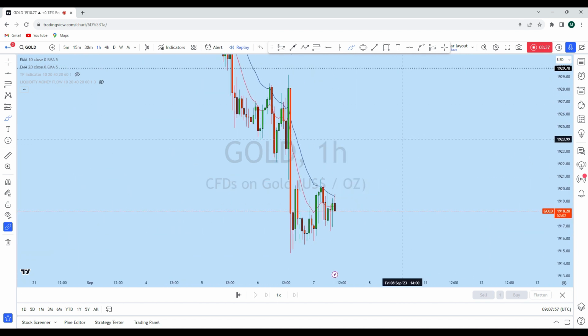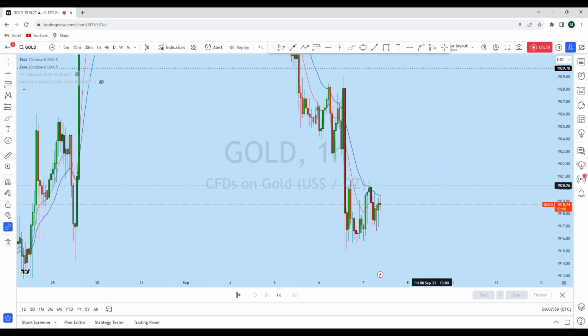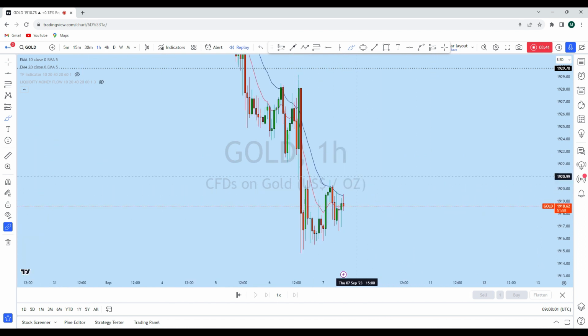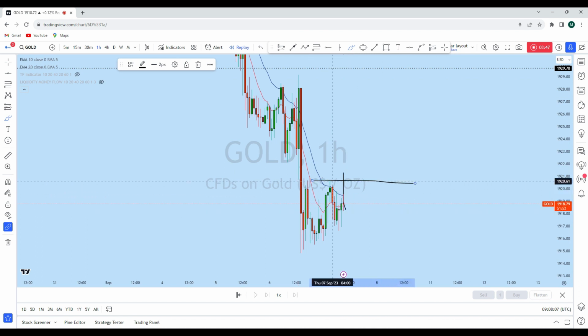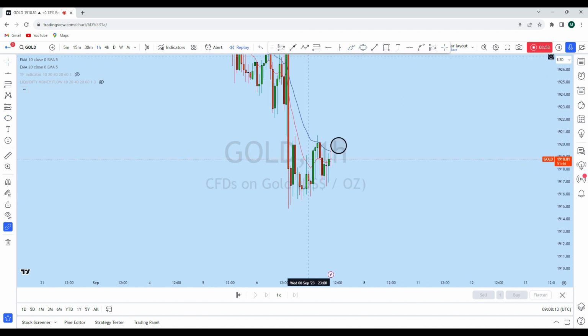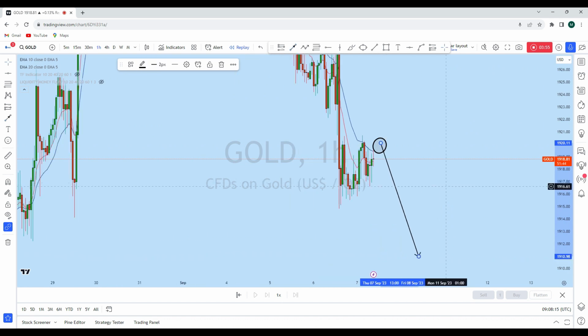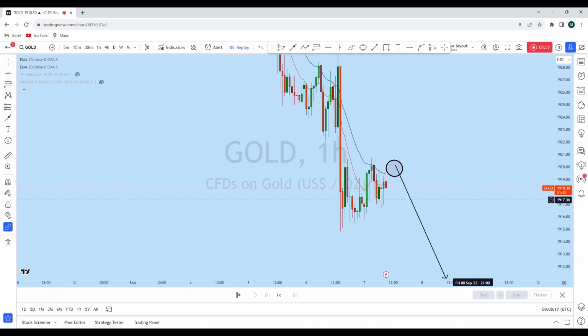Now this is where we will be waiting for a price action confirmation. If we see that gold has triggered liquidity from this zone above this resistance and has got a strong rejection with a long wick candle in that zone, we will consider going short from this level with a high probability trade setup.